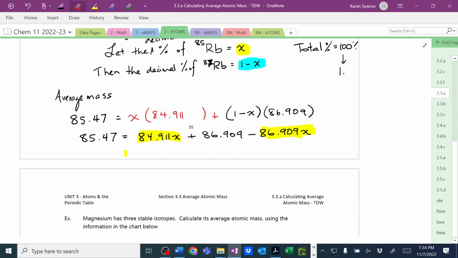So that gives me minus 1.998x plus 86.909. So I'm going to subtract 86.909 from both sides.